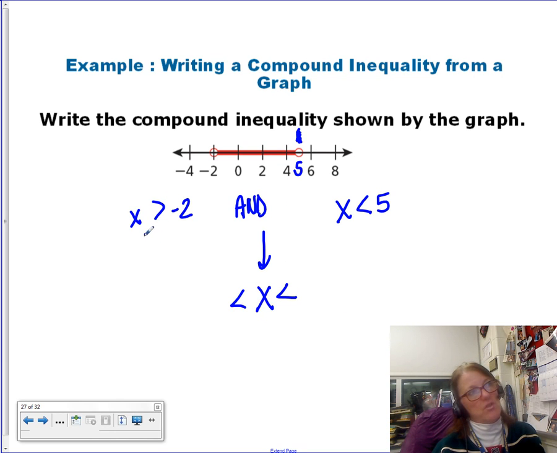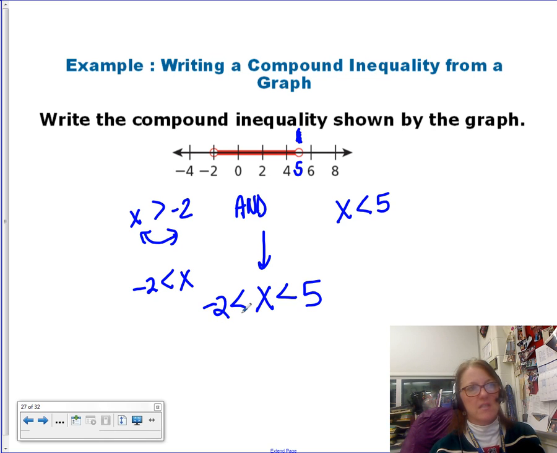That's why I have to turn this guy around and put the -2 here and put the x here, because then I can just go -2, 5. So you say -2 is less than x, which is also less than 5. And that implies the chunk in the middle. Okay?